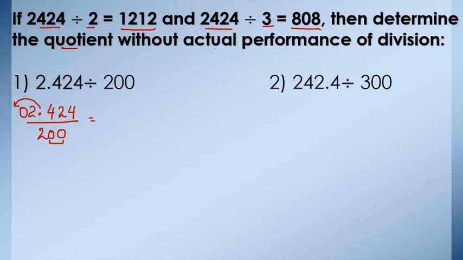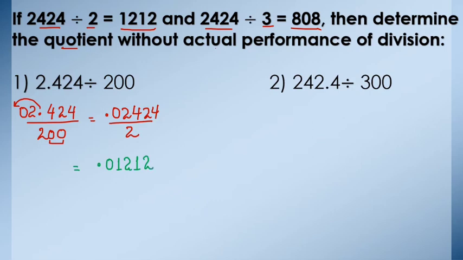It will be equal to 0.02424 upon 2. Now when you divide 0.02424 by 2, you will get 0.01212, as 2424 divided by 2 is 1212.